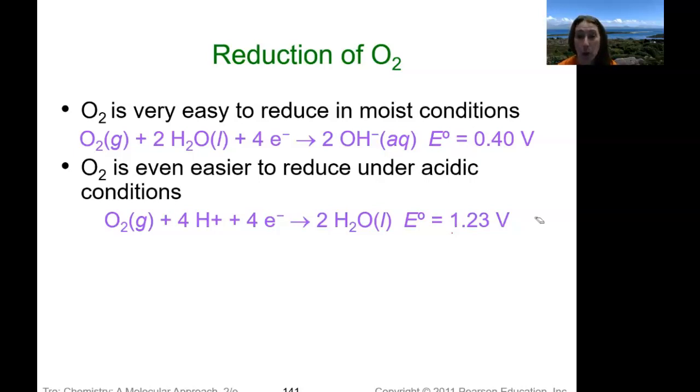FYI, the water that usually falls is a little bit acidic. I think we talked about acid rain the tiniest bit when we talked about acids and bases, and it's because the water combines with CO2 and makes carbonic acid.